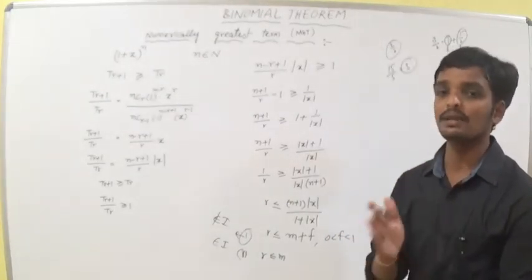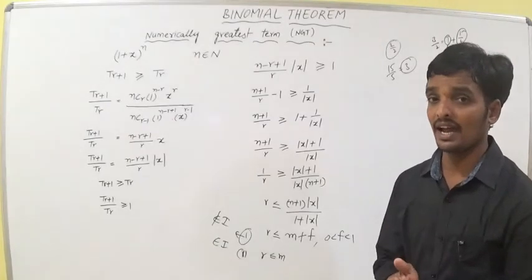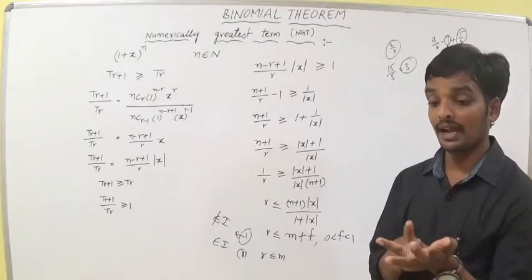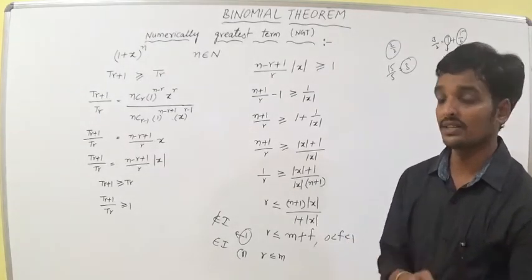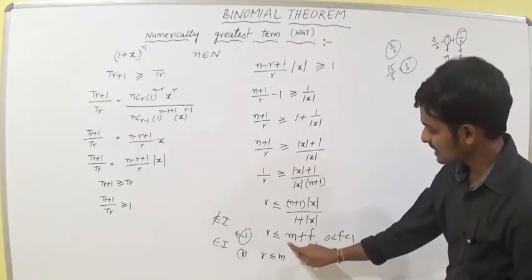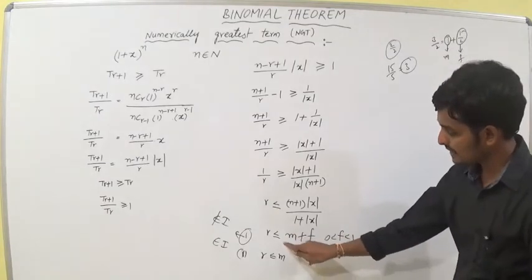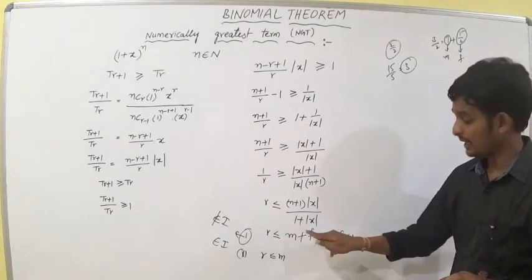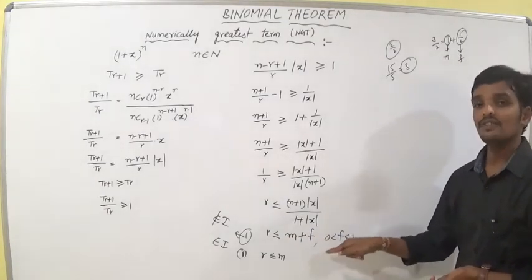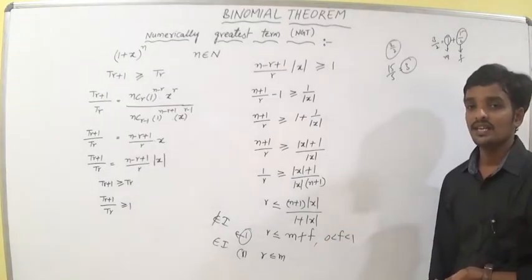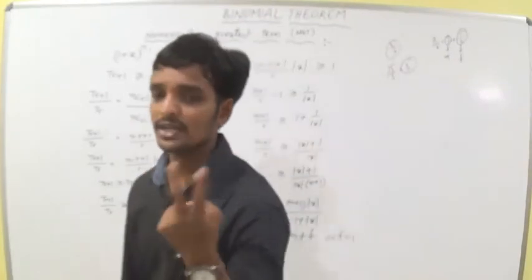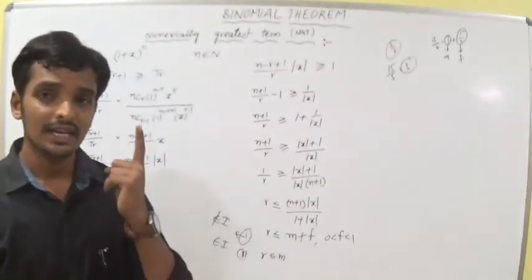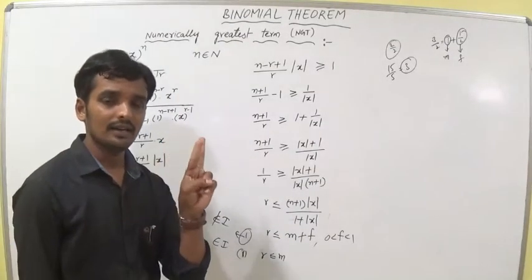In these cases we are getting improper fractions, and we convert them to a mixed fraction. In that mixed fraction there is an integer along with a fraction, in the form m plus f, where m is an integer and f is a fraction. So the value of R has two cases: either an integer or not an integer.